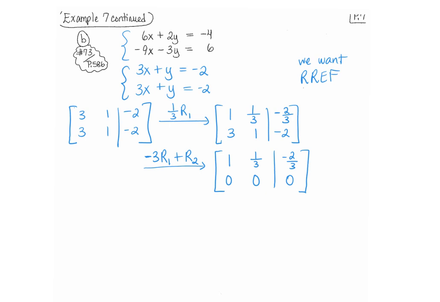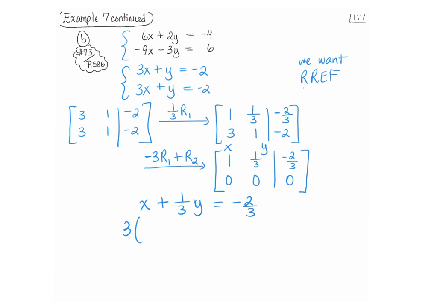We write the corresponding equation for row 1. Remember, column 1 represents X, column 2 represents Y. So this is the same thing as X plus 1/3 Y equals -2/3. If we do not want fractions, we can multiply the entire equation by 3.